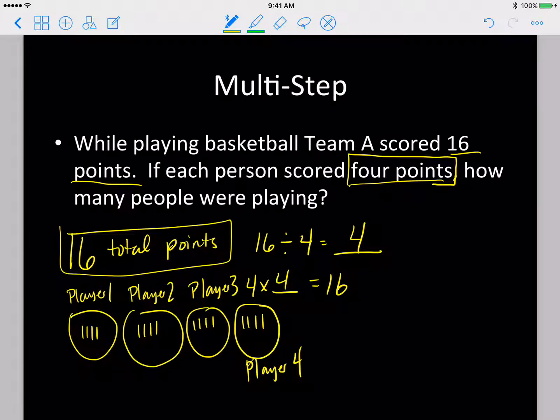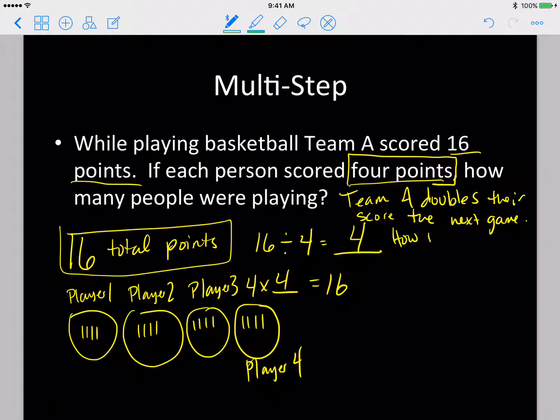So what happens if Team A doubles their score the next game? How many points did they score?